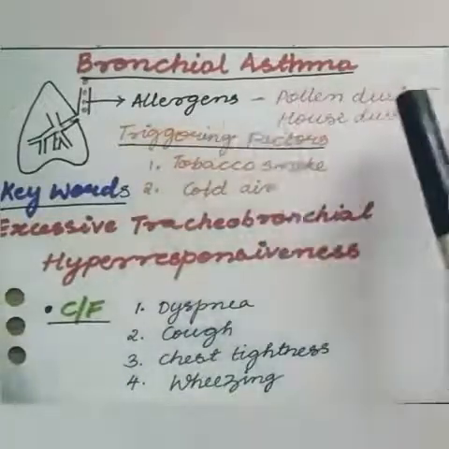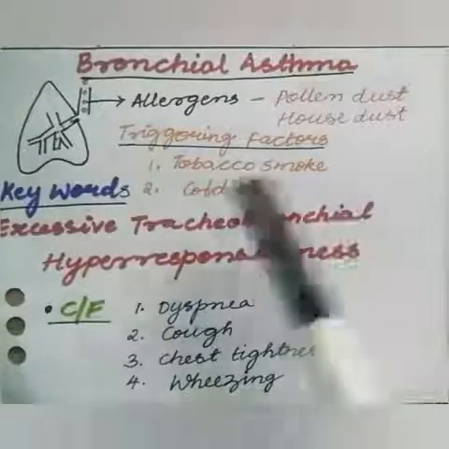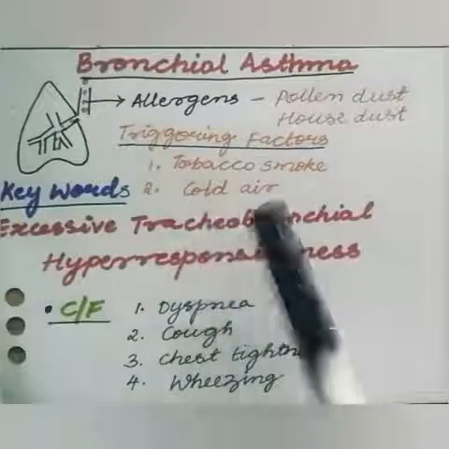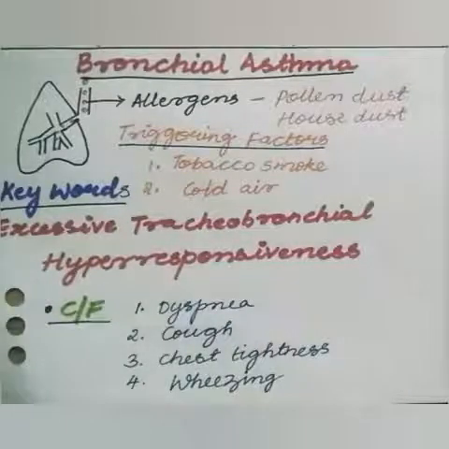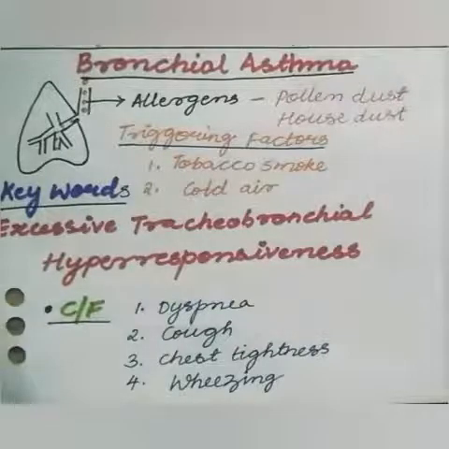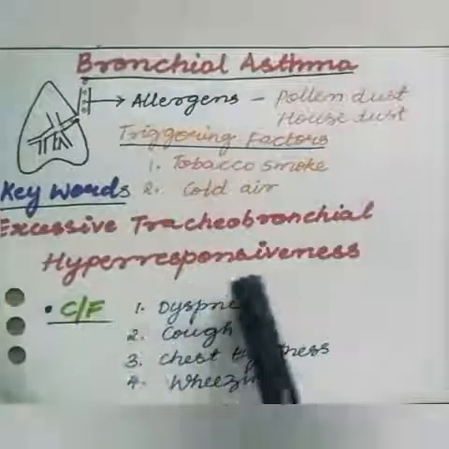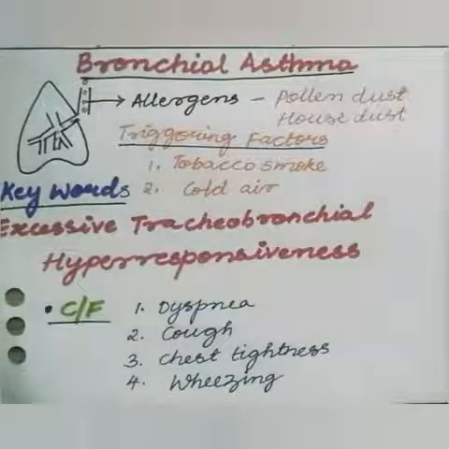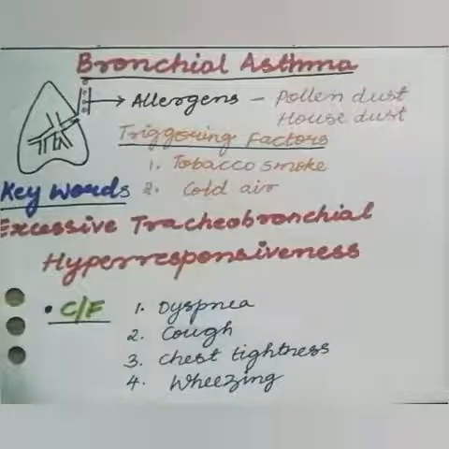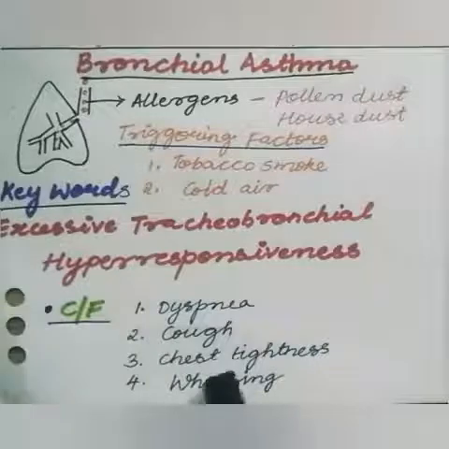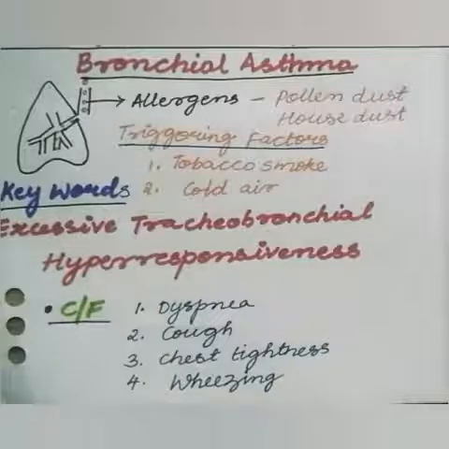Allergens such as pollen dust, house dust, and other triggering factors such as tobacco smoke and cold air will trigger the trachea and the bronchus and will result in excessive tracheobronchial hyperresponsiveness. Further, moving on to the clinical features, the most important clinical features include dyspnea, cough, chest tightness, and wheezing.